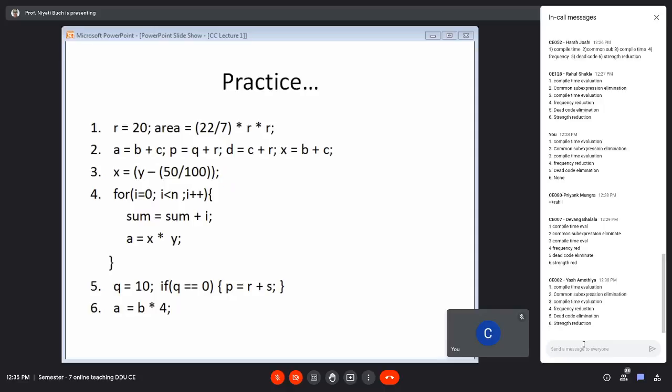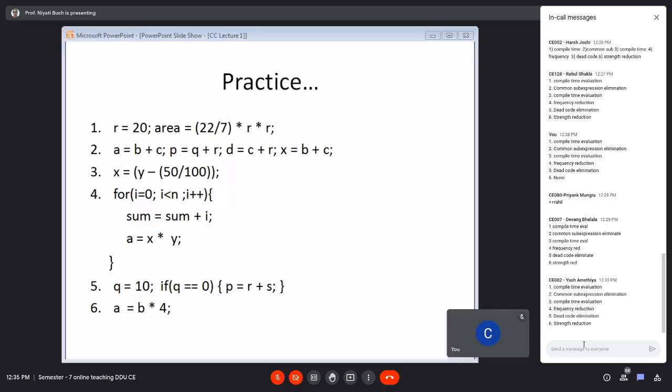Now the last one. In the last one, we have only a single operation, b into 4. This is just a small code block consisting of only one statement. Now here, if we try to apply an optimization transformation, which can it be? It can be strength reduction.